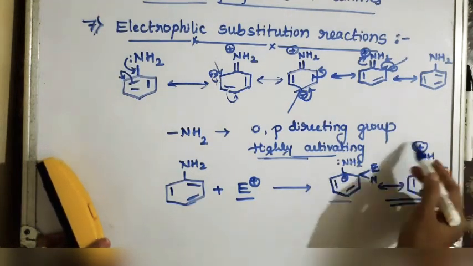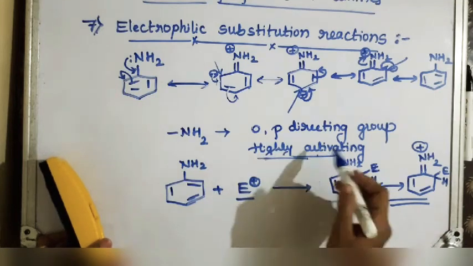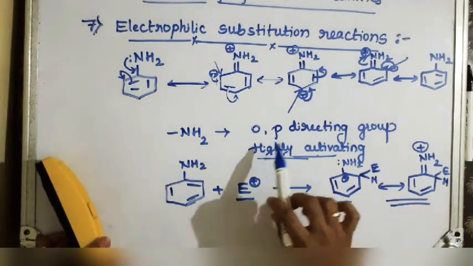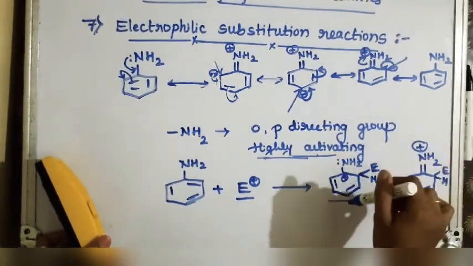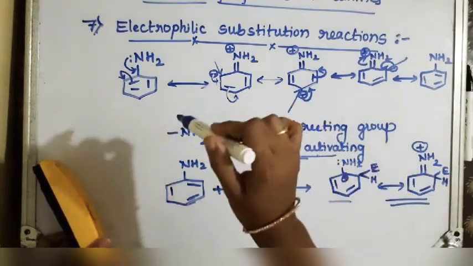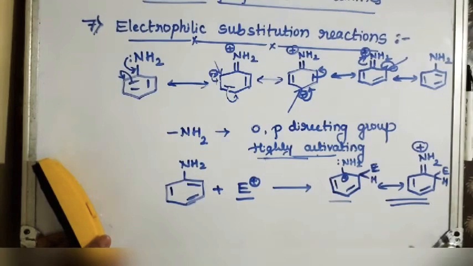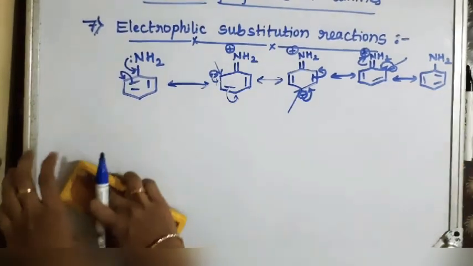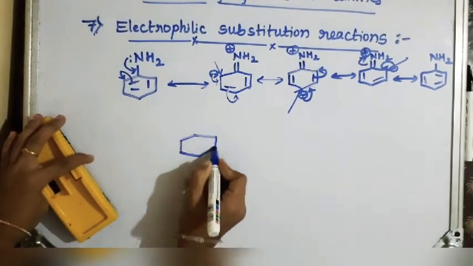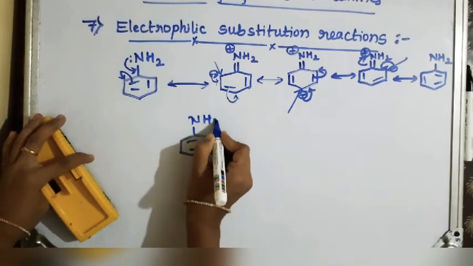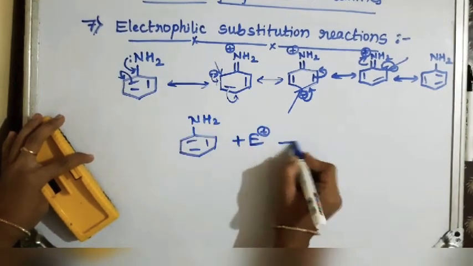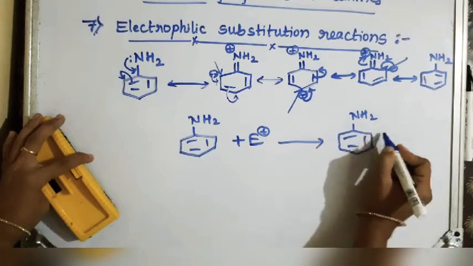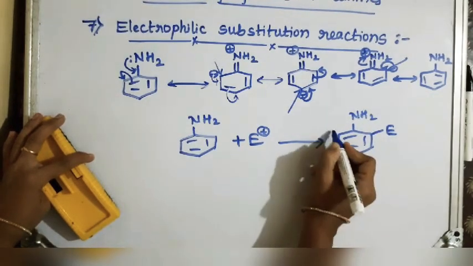Because of this kind of resonance effect, this is a highly activating ortho-para directing group. It directs the incoming electrophile to go at the ortho and para positions, and it highly activates the benzene ring towards electrophilic substitution reaction. For this reason, whenever aniline is subjected to electrophilic substitution reaction, the electrophile attacks all three electron dense positions, that is ortho and para positions, and you get tri-substituted aniline as a product.